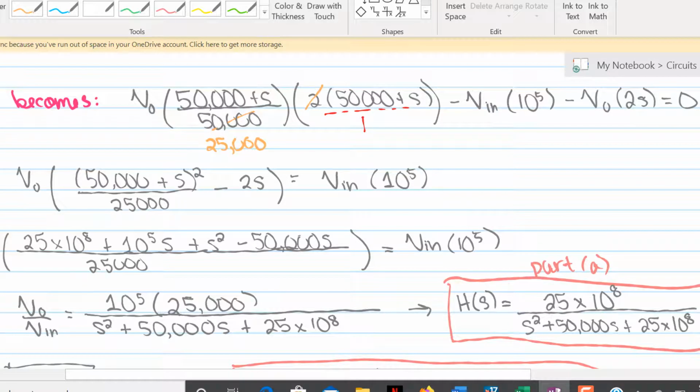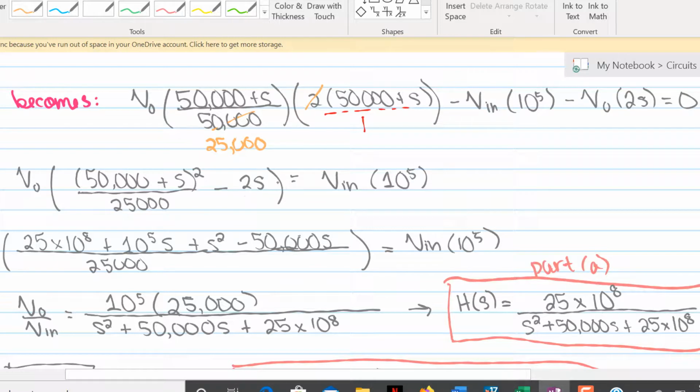Remember, we want Vout over Vin equals something. So I'm going to divide both sides by Vin, and then multiply both sides by the reciprocal of what I'm multiplying by. It's a lot, but I think it's easier to multiply by a reciprocal, so I got a common denominator.